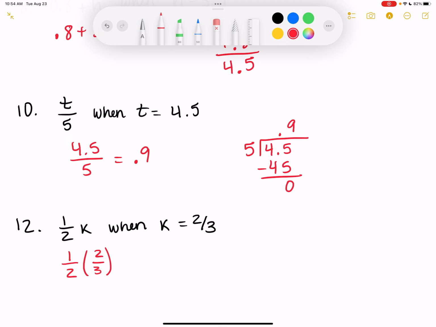So I'm going to cancel the two that are opposite each other. I have a 2 on the bottom and a 2 on the top, so I can get rid of those. And then I'm left with just a 1 on the top. And because this 2 became a 1 on the bottom, I'm just left with a 3 on the bottom. So the answer is just 1/3.